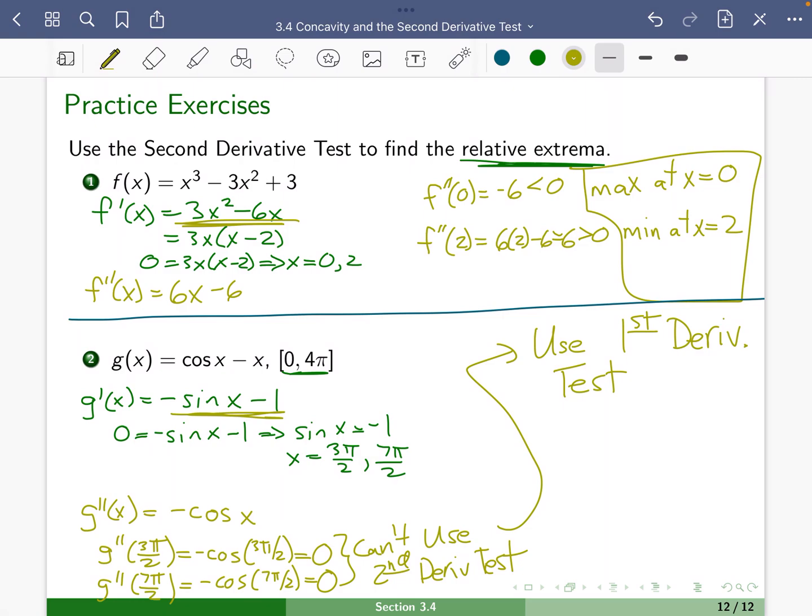And if we go through and do that, we can find that there are no relative extrema.